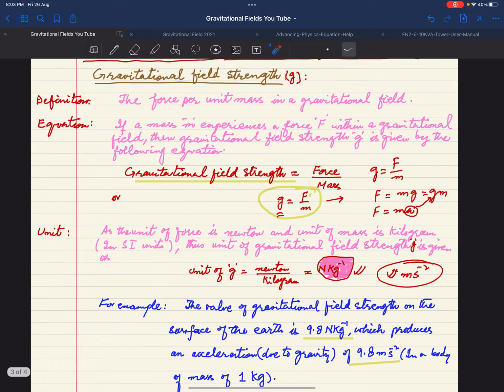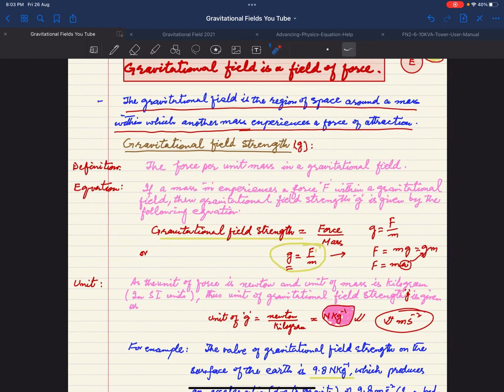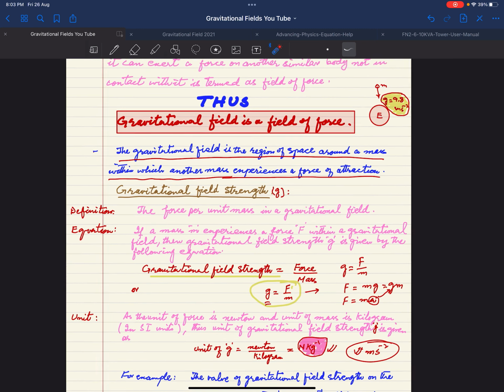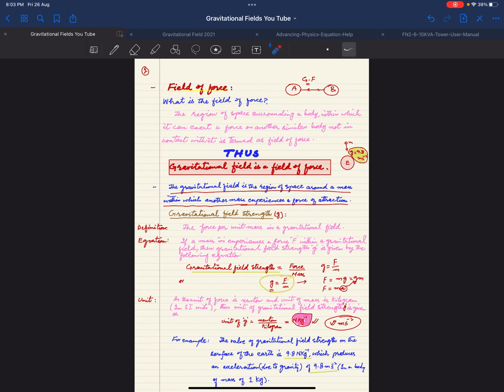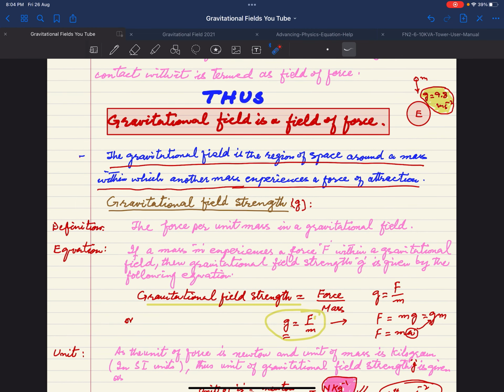So this is a very important term, and inshallah we will discuss it in detail. But for the time being, you should know this equation and its relation with the acceleration due to gravity, and this will lead us towards the detailed discussion of where g is decreasing and where g is increasing.